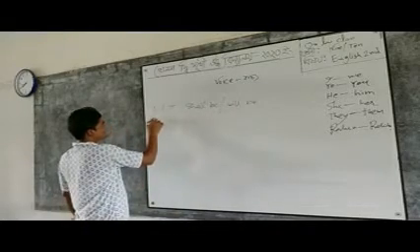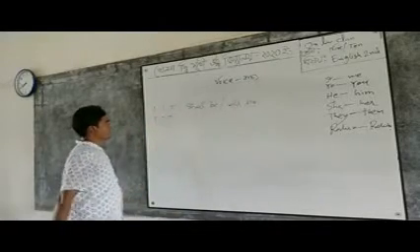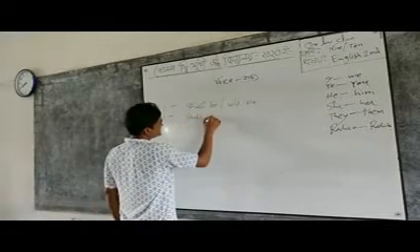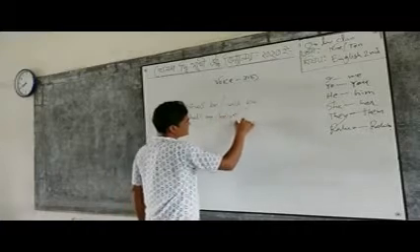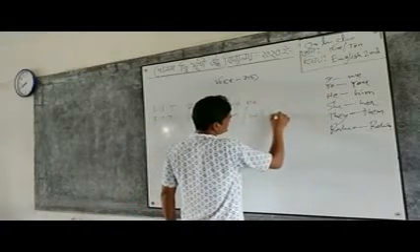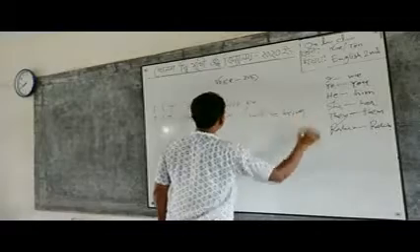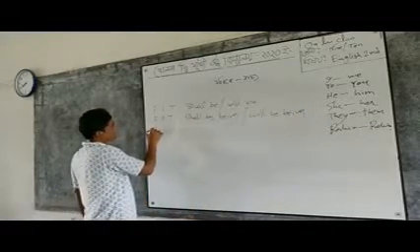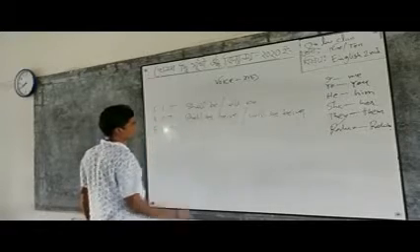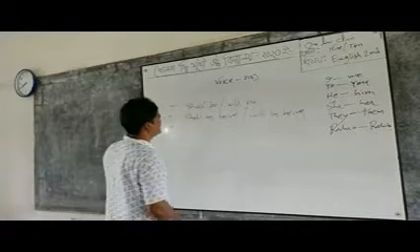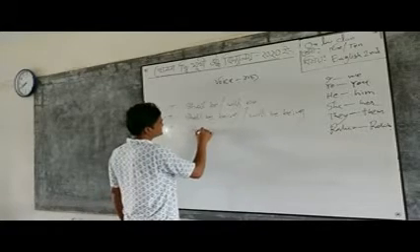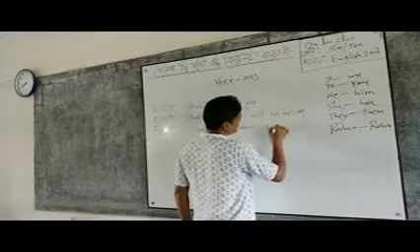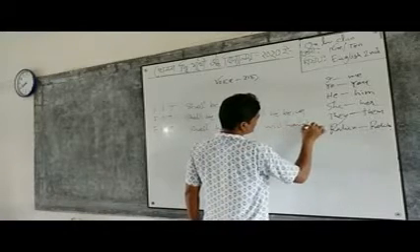And future continuous tense, the auxiliary verb will be shall be being or will be being. And future perfect tense, the auxiliary verb will be shall have been or will have been.